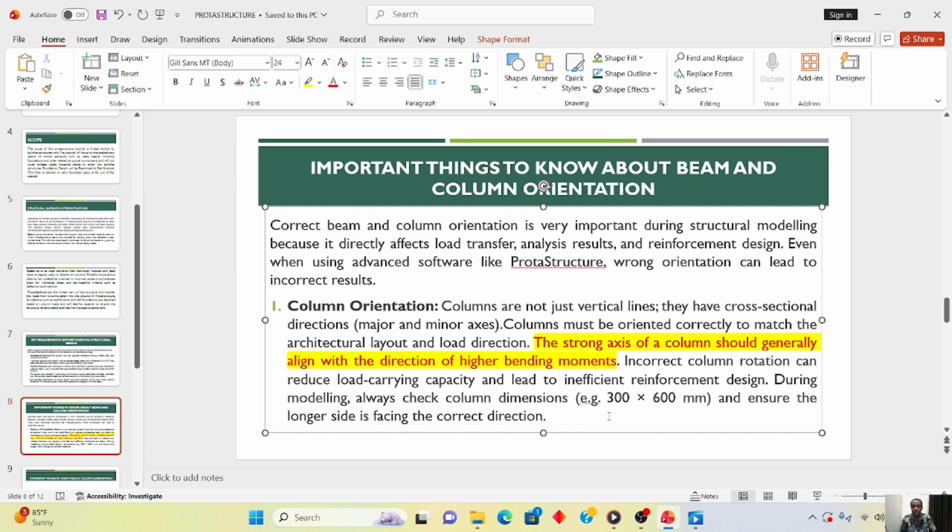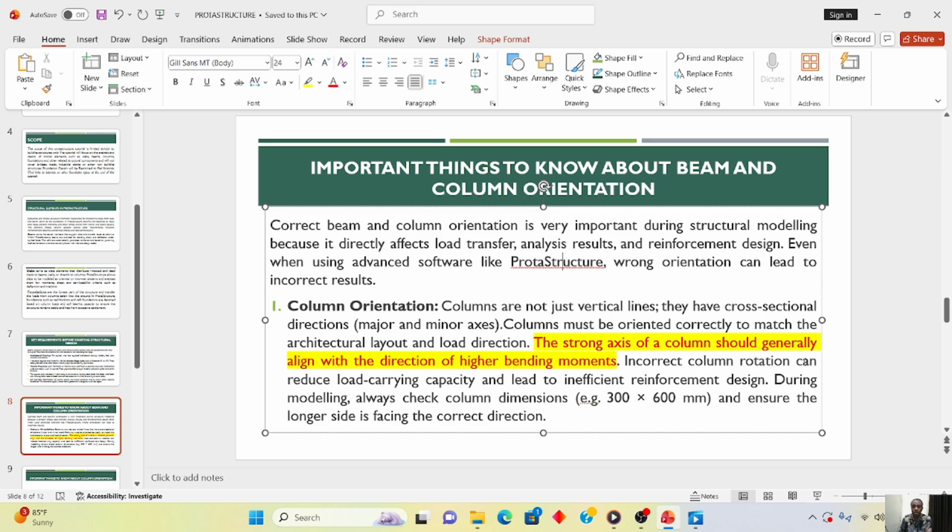As you know, we can have a column whereby the section is the same, maybe 225 by 225, and we may have another one which is a rectangular column 225 by 450. Now those are the ones this is applicable to, whereby the strong axis of a column should generally align with the direction of higher bending moments.